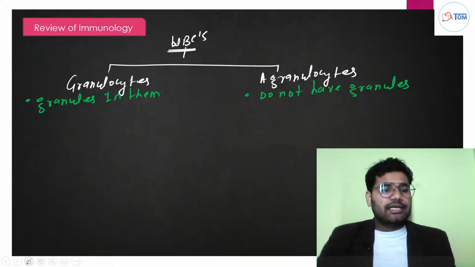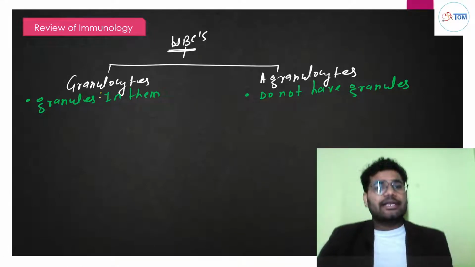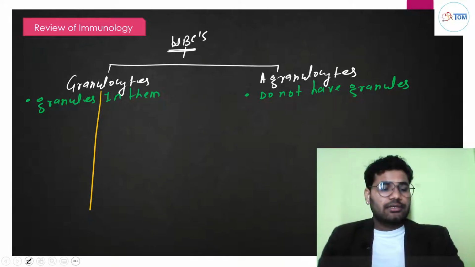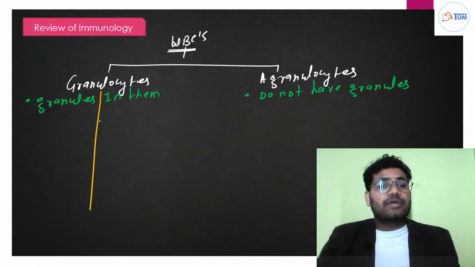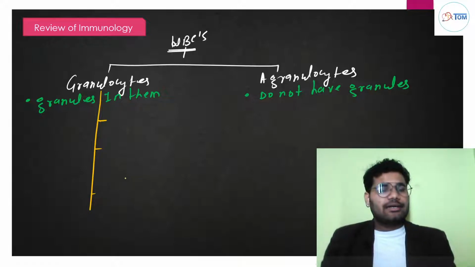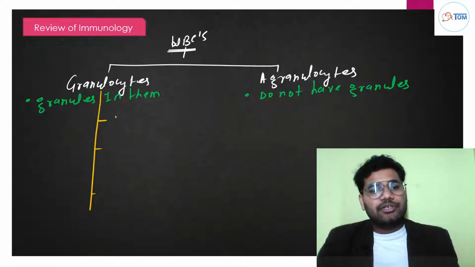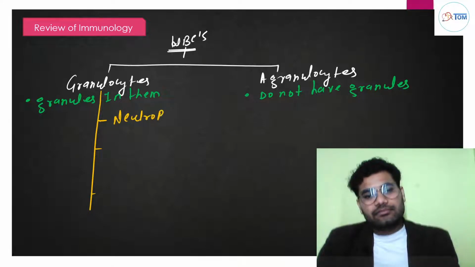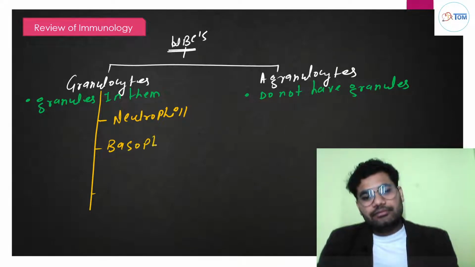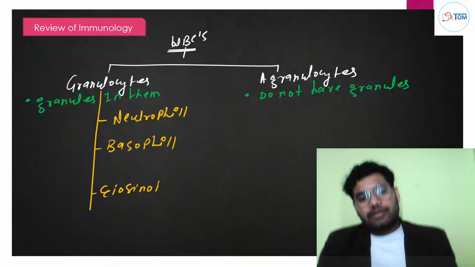Now we can further classify granulocytes into different kinds of cells. What other types of granulocytes do we have? We have neutrophil, we have basophil, we have eosinophil.